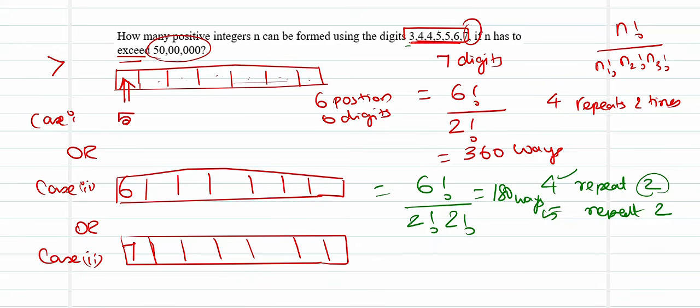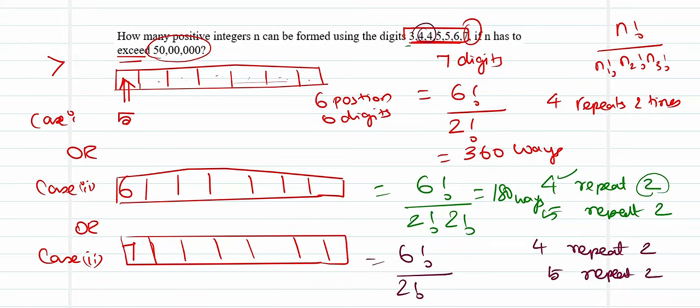In how many ways can I do that? I can do it in 6 factorial ways, and again I have 4 to repeat 2 times when I fix 7, so it is 2 factorial, and I have 5 to repeat 2 times, that is again 2 factorial. So it is going to be 180 ways again.